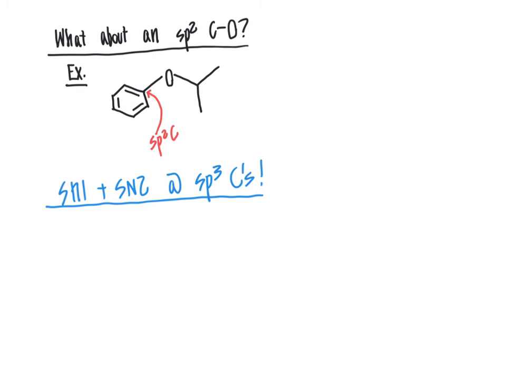So let's highlight what we would end up with as our product of this reaction, where we react with, we'll do HBr for this particular example. I'm going to go ahead and erase that designation of this being an sp2 carbon just to clean things up a bit here. So what will happen in this reaction is that first and foremost, since we have an acid present, we're going to protonate. Always protonate first.